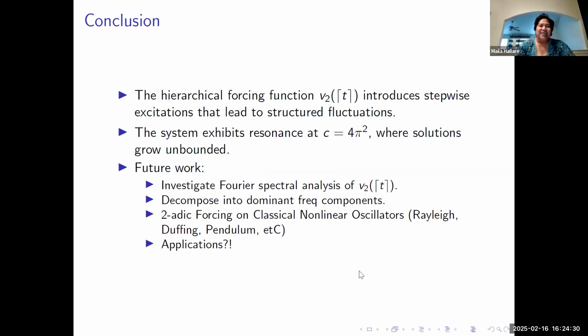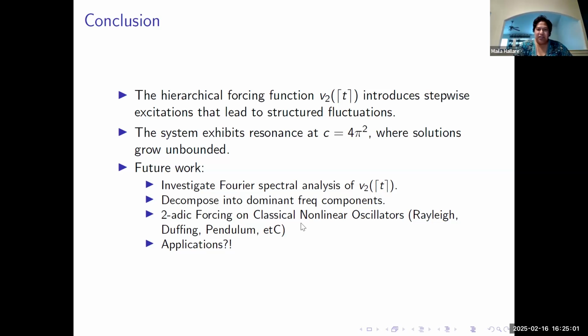Oh, I am done. So here, this is a summary of some of the things that I have presented today. I have actually a longer list of things to do to analyze this simple ODE, which is again an intersection of ODE, of dynamics and number theory. So for my students, I am planning to give them some opportunities to understand the frequencies better.